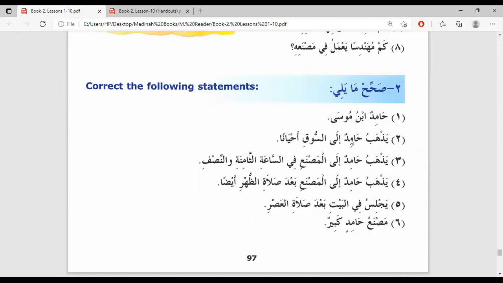When the word ibnun comes between two proper nouns, then it becomes adjective for the first noun and it becomes mudaf for the second noun. Okay. So Hamid ibn Musa. So Hamid, son of Musa.